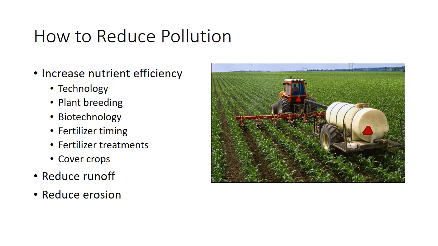And we can also do treatments to fertilizer to delay that time so that when it's available coincides with when the demand is. And we can also use cover crops so that there's no leakage from the system during the time of the year when there's not as much nitrogen demand. And also practices that we can do that reduce runoff or reduce erosion are going to greatly reduce how much pollution we get from fertilizer applications.